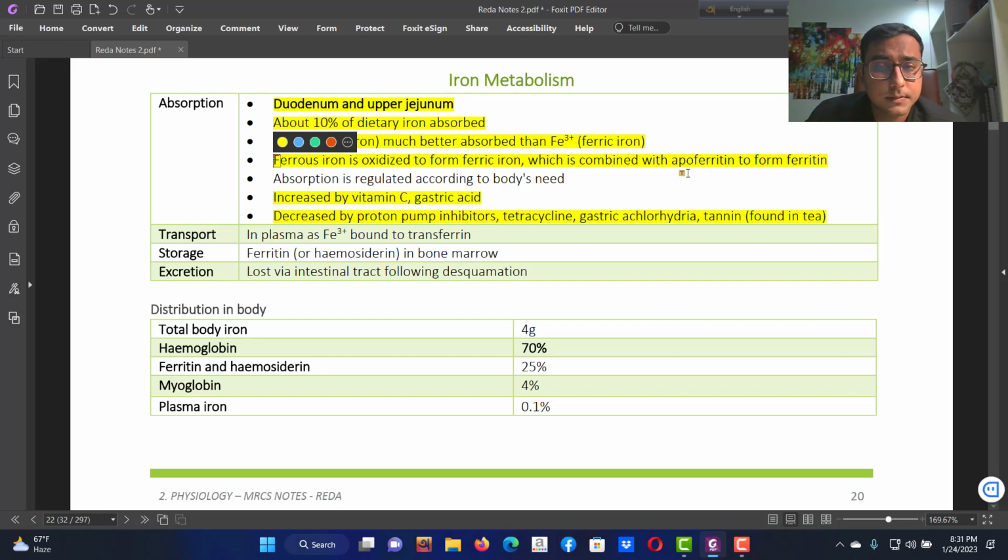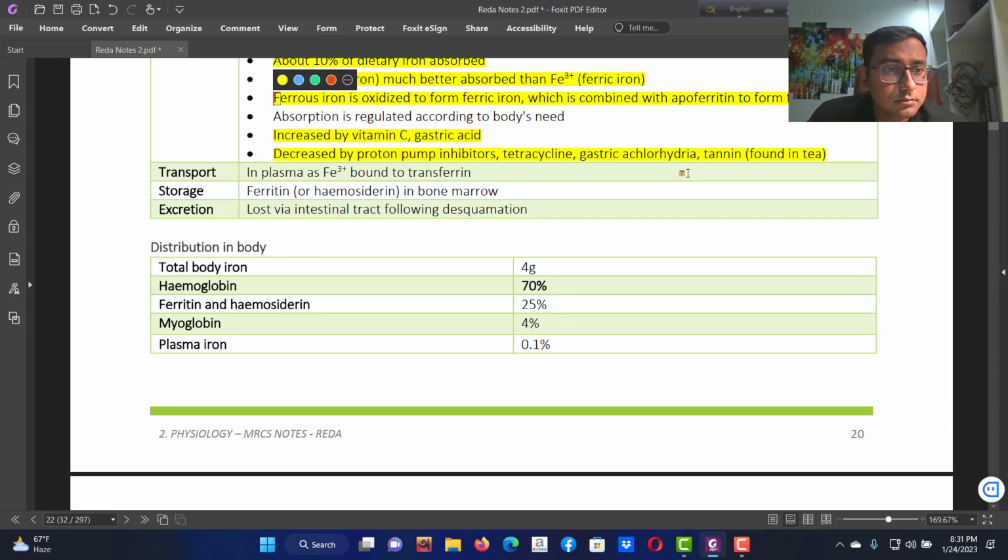They will act as a storage. Here ferric is bound to the transferrin. Ferric, then ferrous, then it is again converted to ferric and bound to transferrin. Ferritin or hemosiderin store iron in the bone marrow, and excess is lost by intestinal tract desquamation.